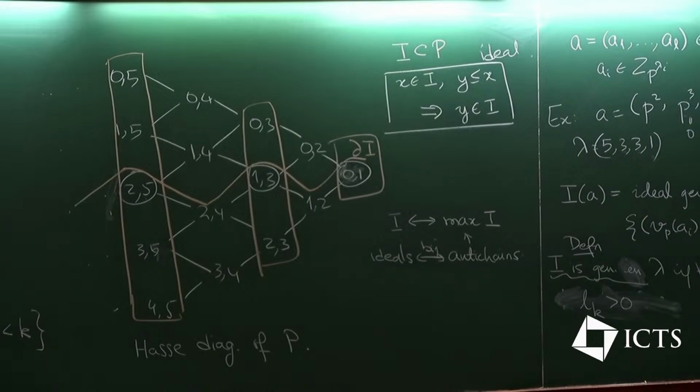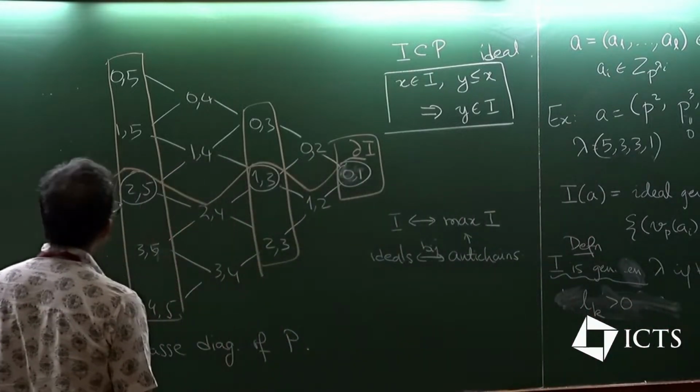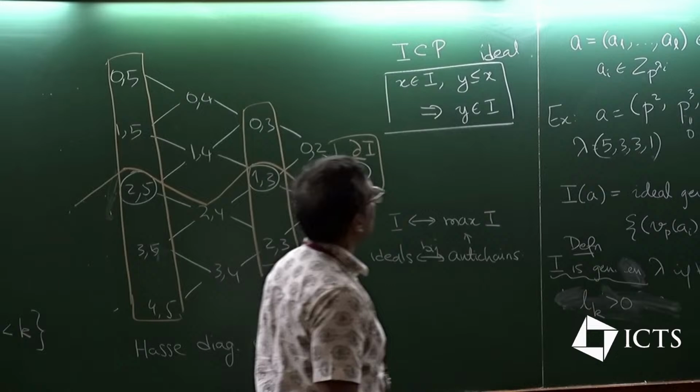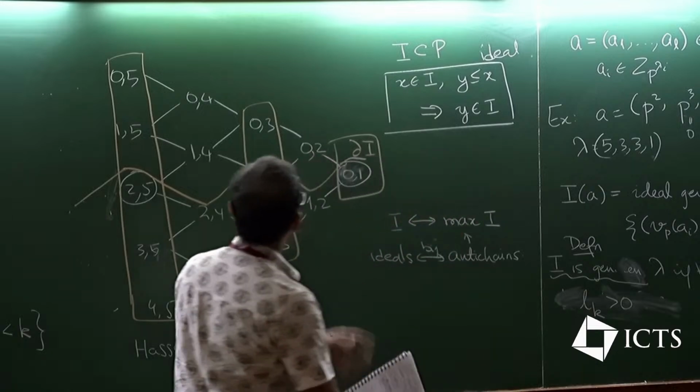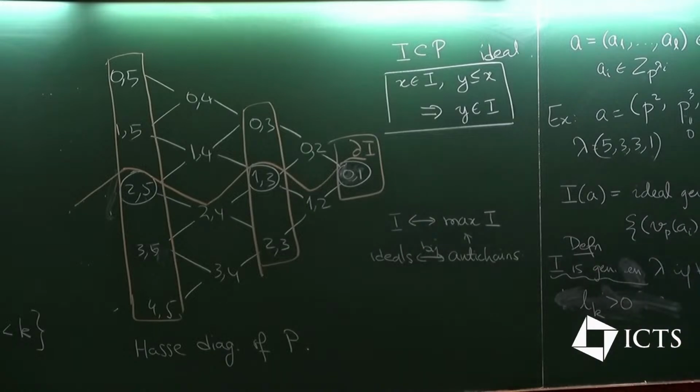One way to do it is anyway, this is a useful notion. Given an ideal, you can talk about its boundary, as I hinted here. So I'll say R, or maybe think of it as a vector.